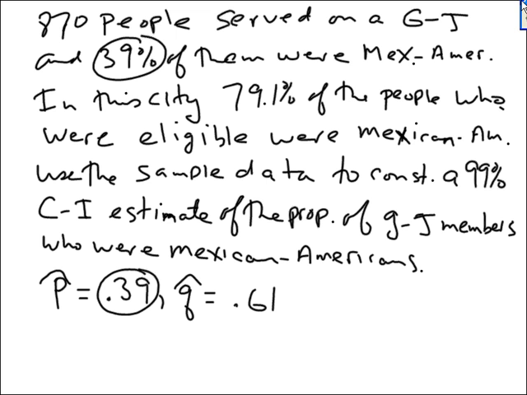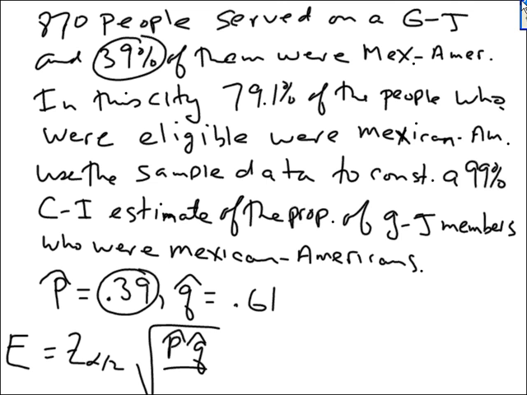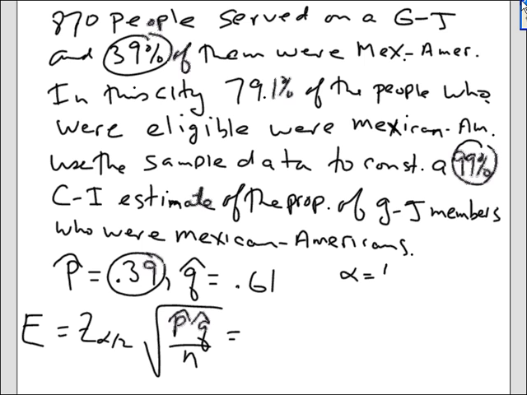So we need E now. The reason we wanted q was to get E, because E is equal to z alpha over 2 times the square root of p hat times q hat over n. Well, the confidence is 99%, so alpha is 1 minus 0.99, which is 0.01.